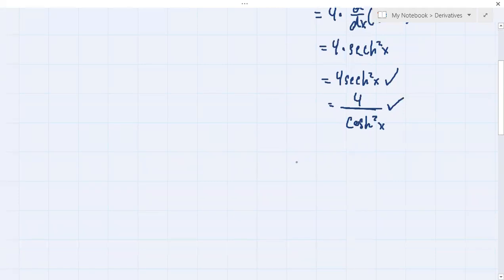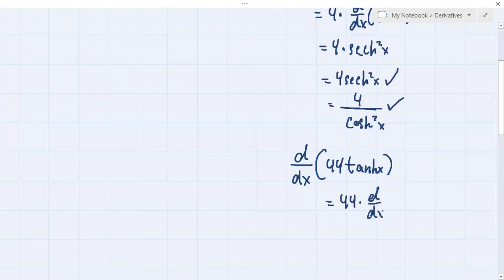So next example natin, let's just say meron tayong derivative of 44 times tangent hx. Okay, so this one, we will have 44 times the derivative of tangent hx.